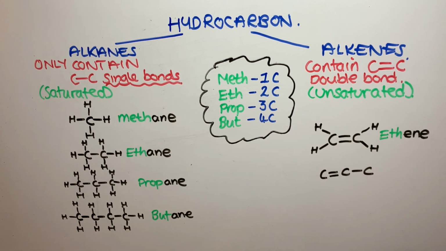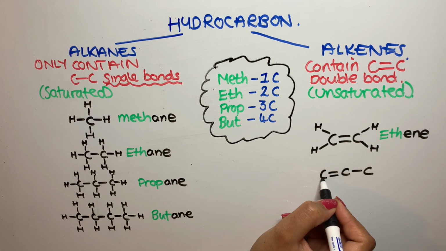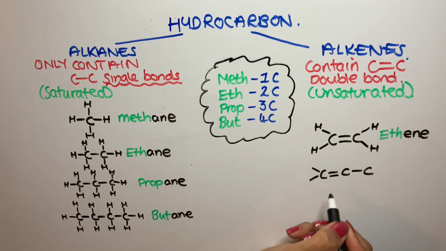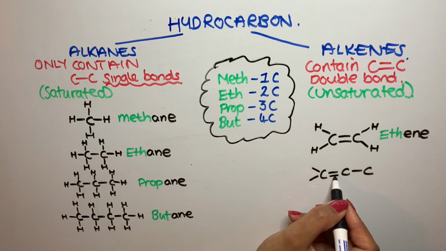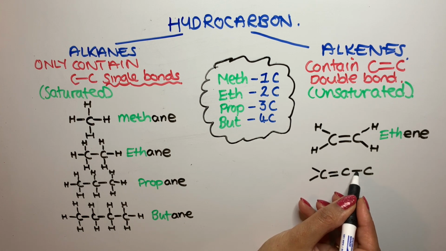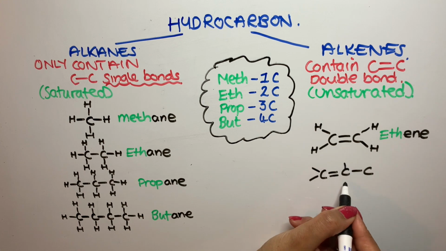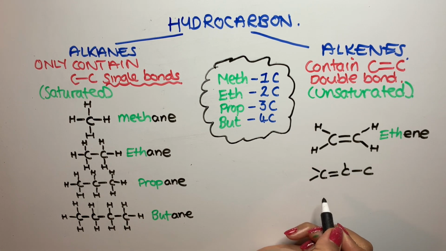Now, the same rules apply. Carbon atoms can only have 4 bonds. So if I look at this first carbon atom, I've got 1, 2, 3 and 4. If I look at my second carbon atom, I have 1, 2, 3 bonds already, so I can only have 1 more bond. So I'm going to put it at the top. You could put it at the bottom, but I've just chosen to put it at the top there. As long as there's 4 bonds, that's fine.